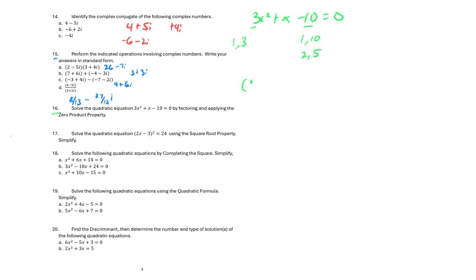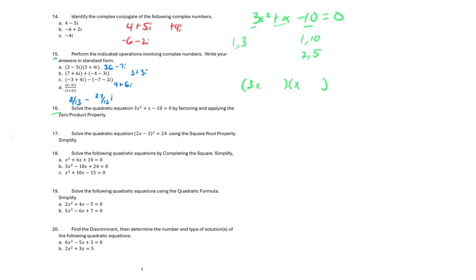So then we can set up 3x for one of them and x for the other one, since those are the only two factors. Since this is a negative 10, that means these two are of opposite signs, and then we need to find some combination that, whenever we FOIL it all back out, adds up to 1.